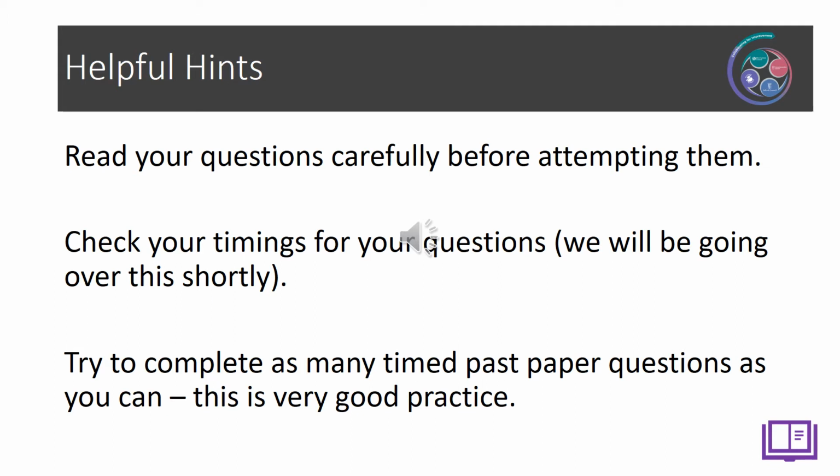You should also make sure that you check your timings for answering the question types themselves. Now this is something that we're going to be going over shortly as part of today's lesson. And finally, try to complete as many timed past paper questions as you can. This is very good practice and it'll help you to build your confidence for answering all of the different question types in the National 5 History course.